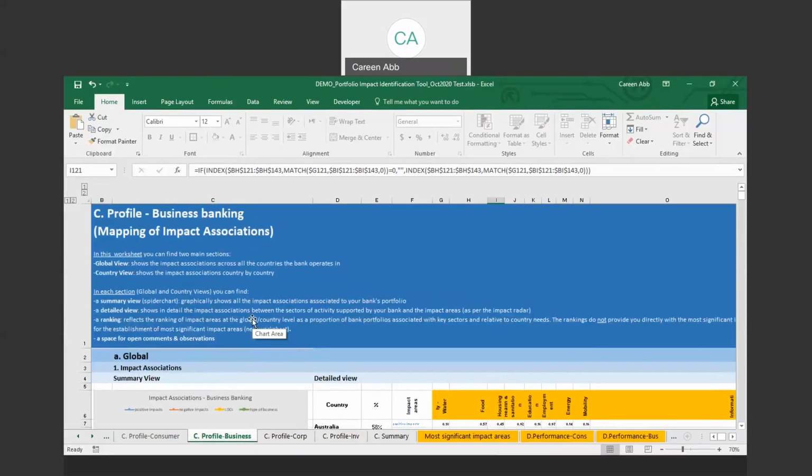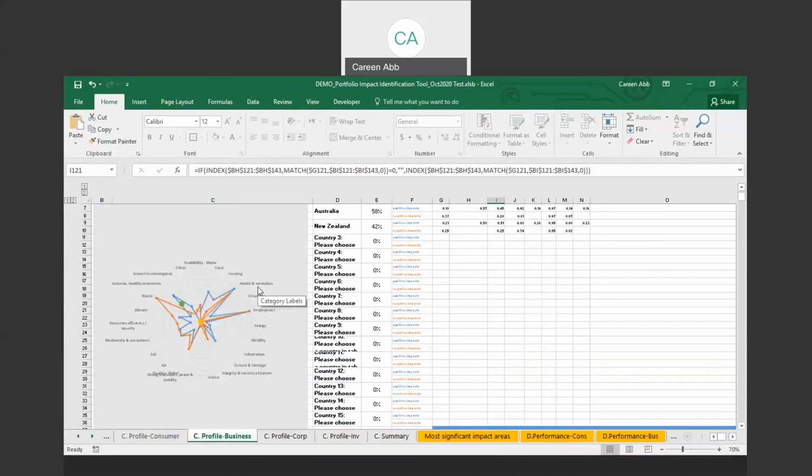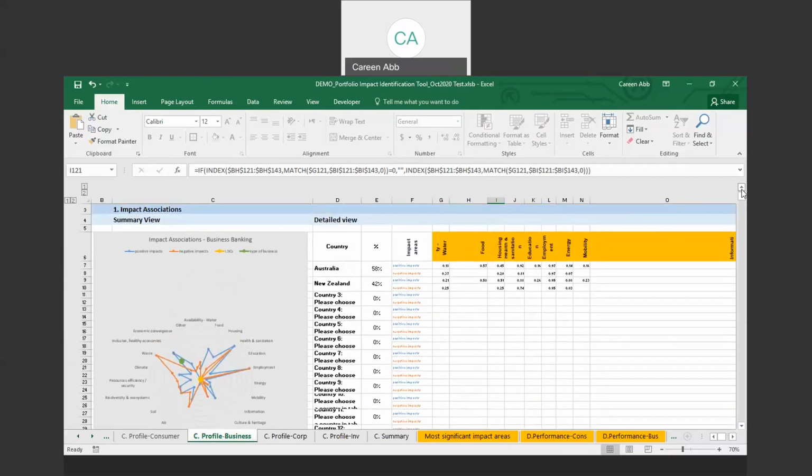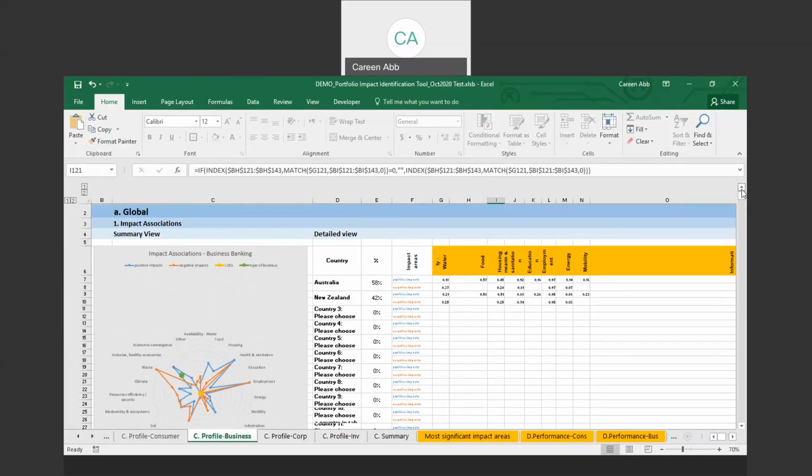In the global view, you likewise have a spider chart that provides a summary and a detailed view. There are a few differences, however, between the global view and the country-by-country view. As regards the summary view of this global perspective, you will notice that in addition to the positive and negative associations, which have basically been weighted by country based on the relative weight of each country inside of your portfolio as provided in the cartography section.